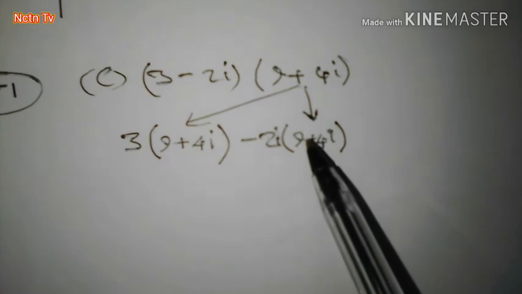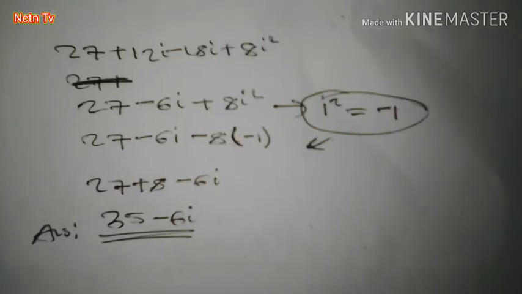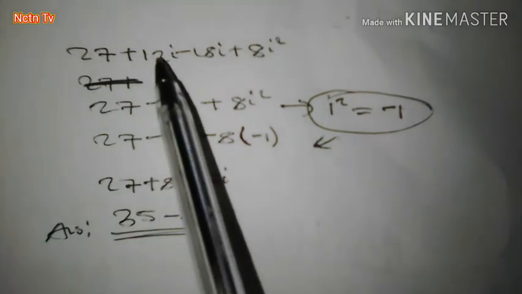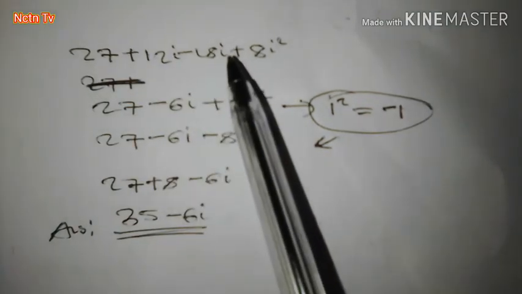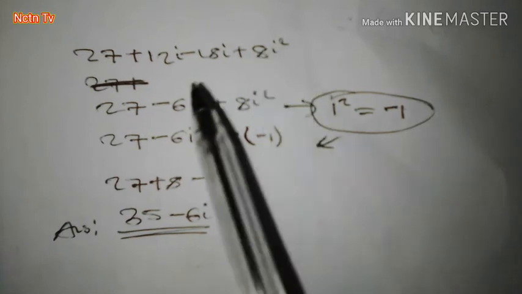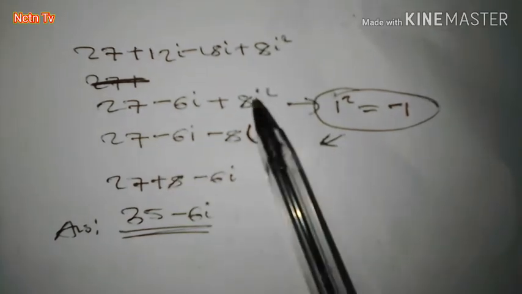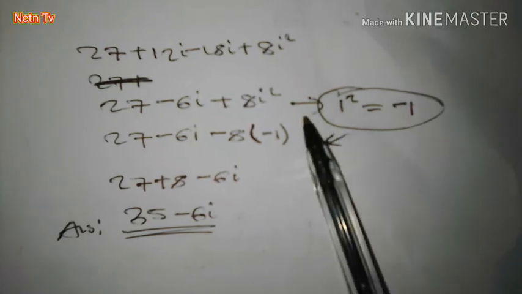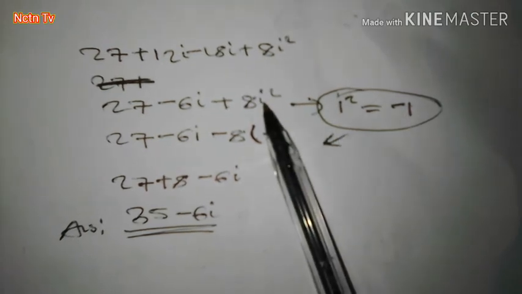When we multiply the brackets, we are going to get 27 plus 12i minus 18i plus 8i squared. Then here we realize that i squared is equal to -1, and we replace it there.